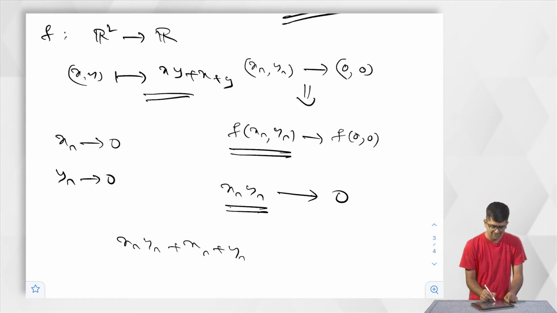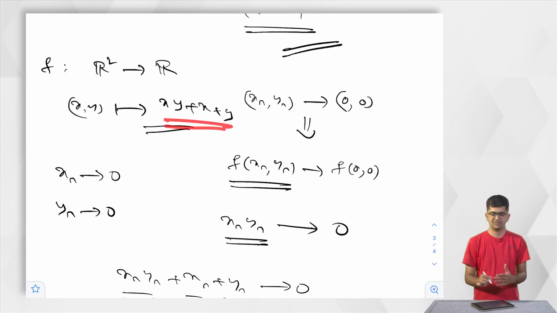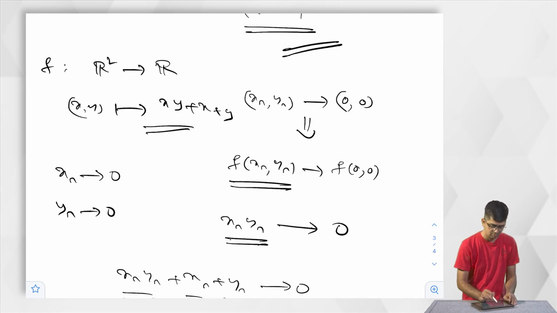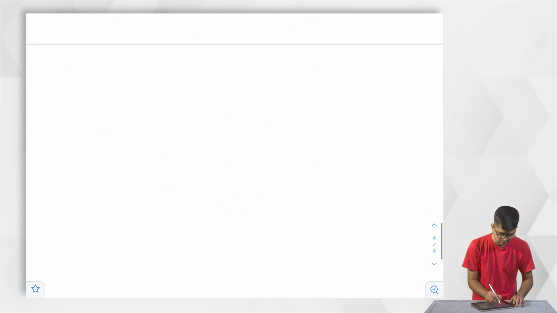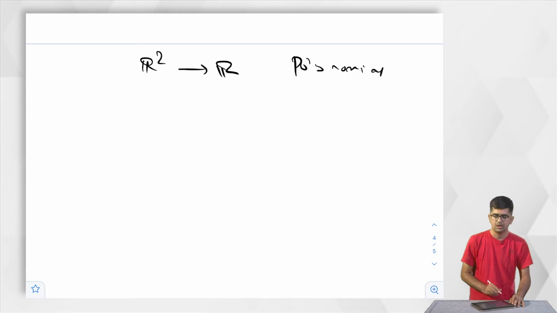Again the same thing. xn goes to 0, yn goes to 0, this whole thing goes to 0. So this suggests that any polynomial in two variables, this is one of the polynomials in two variables, is a continuous map. R2 to R, any polynomial is continuous.